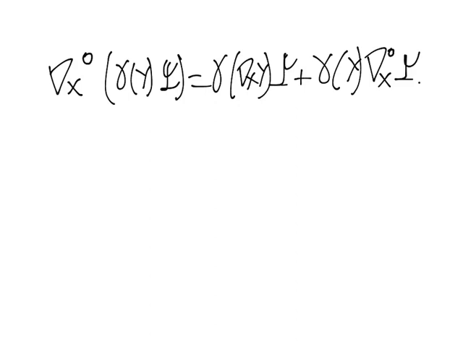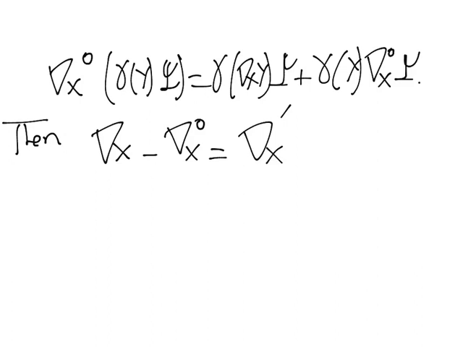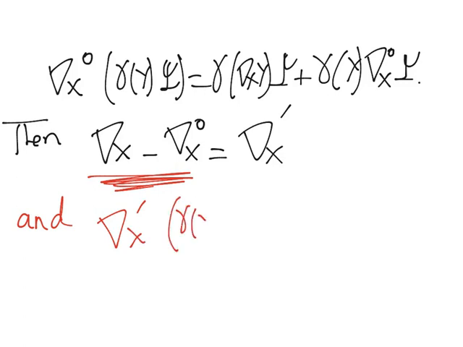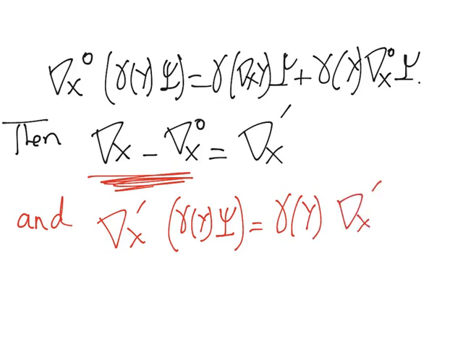So this is left as a simple exercise. Then I'm going to denote nabla x minus nabla x0 by nabla prime x, and because nabla and nabla 0 both satisfy condition 2, then nabla prime x of gamma y psi will satisfy gamma y nabla prime x psi.